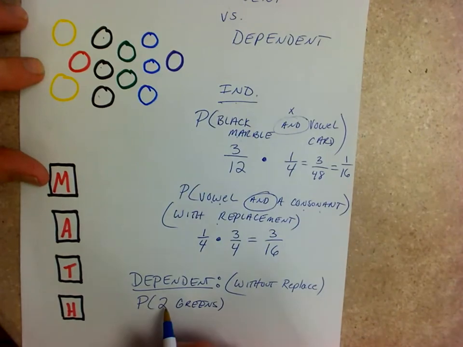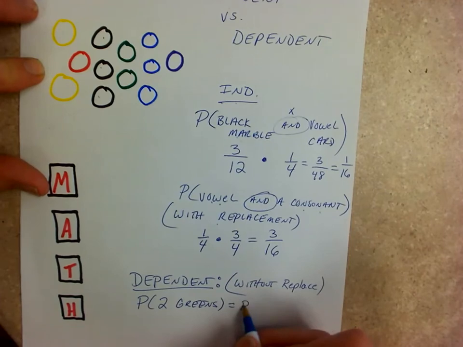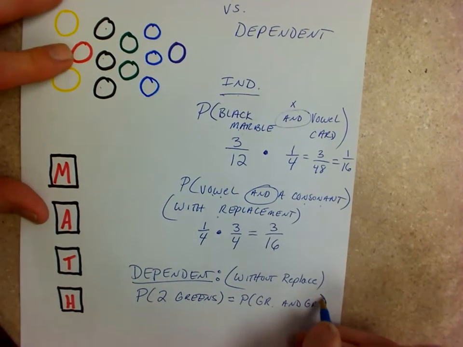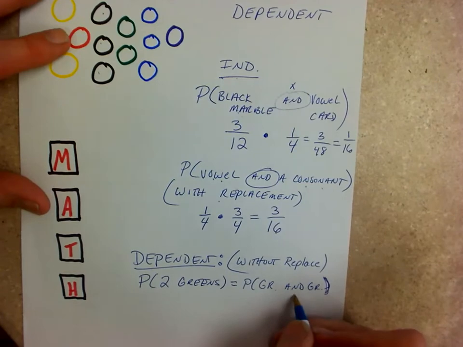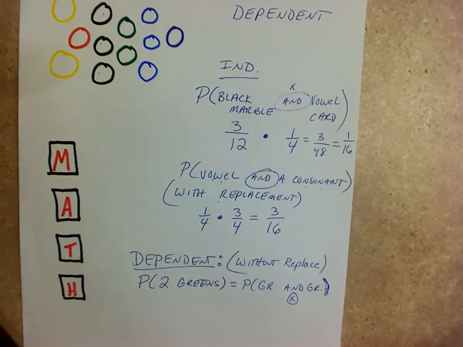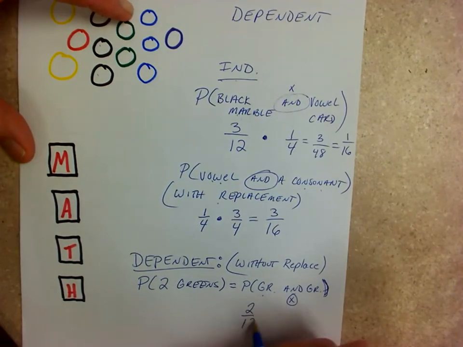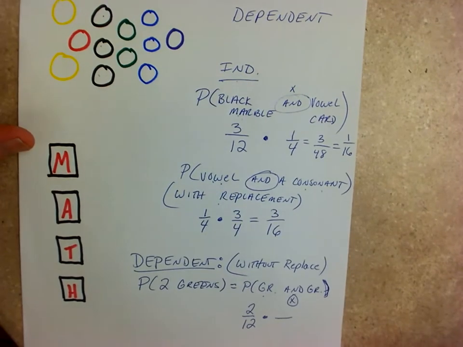So what's the chances we pick 2 greens? Well, that is equivalent to me saying, what's the chances that we pick a green and a green? So when we see that little word "and" right there, we know we're going to have to multiply our probabilities together. So the chances for the first green are 2 out of 12 times, now what's the chances for our second green?